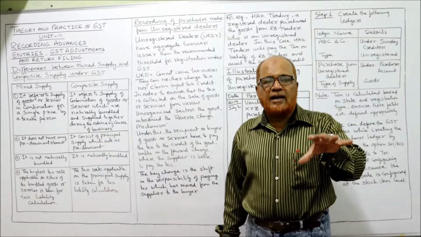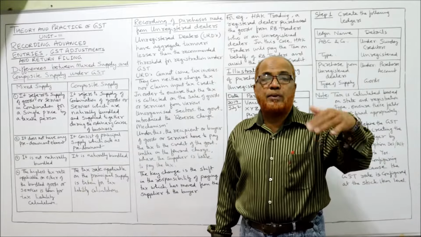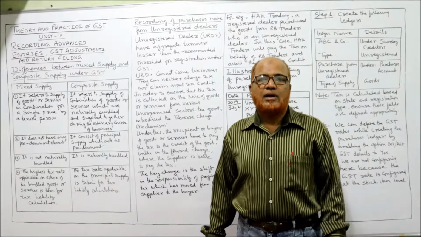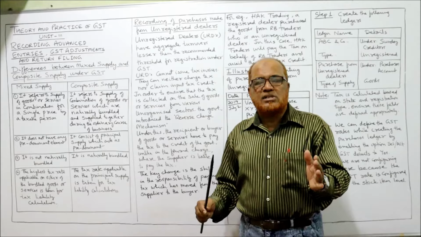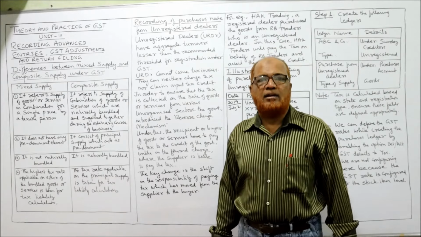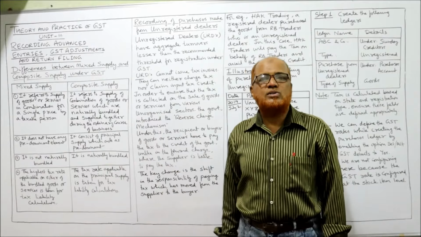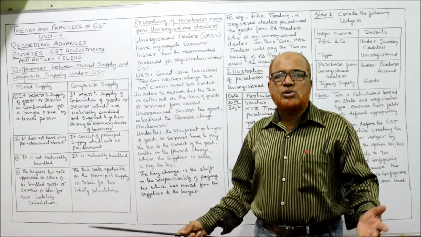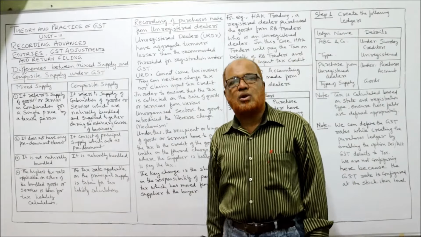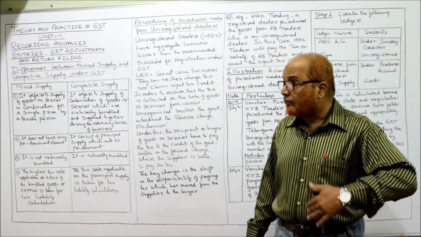One of the items of goods or services will be predominant, that means the main, primary item, and the other items may be secondary. There is no such predominance in case of mixed supply.